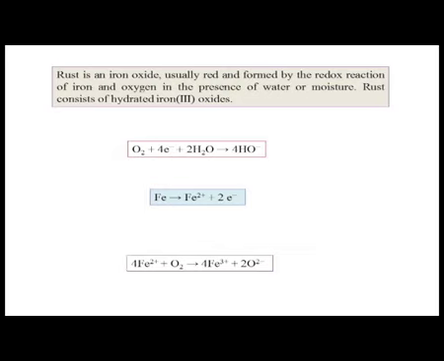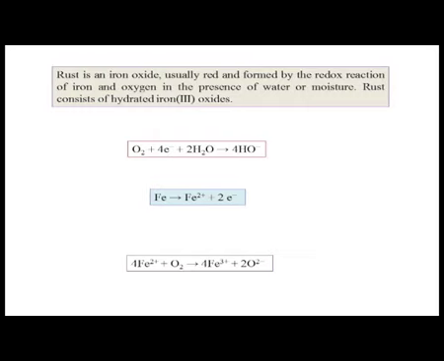So, the rusting process: rust is an iron oxide, usually red, formed by the redox reaction of iron and oxygen in the presence of water or moisture, and it consists of hydrated iron(III) oxide.